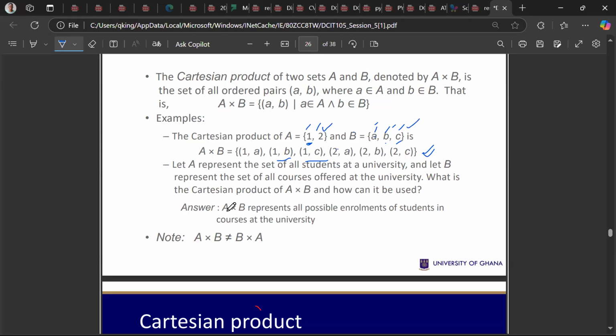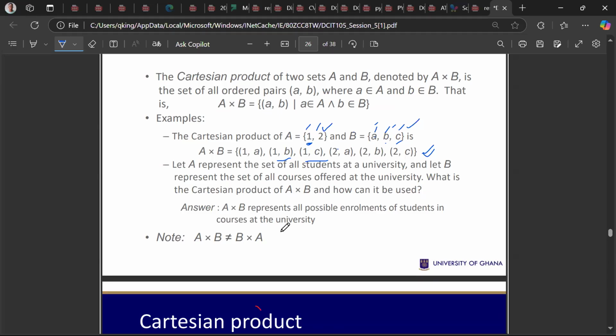All right, and so each element of A, which is 1 and then 2, has been paired with each element of B, which is a, b, and then c. And when you look at the second example which was given here, which is talking about students and then courses, we see that A × B represents all possible student enrollments in courses.